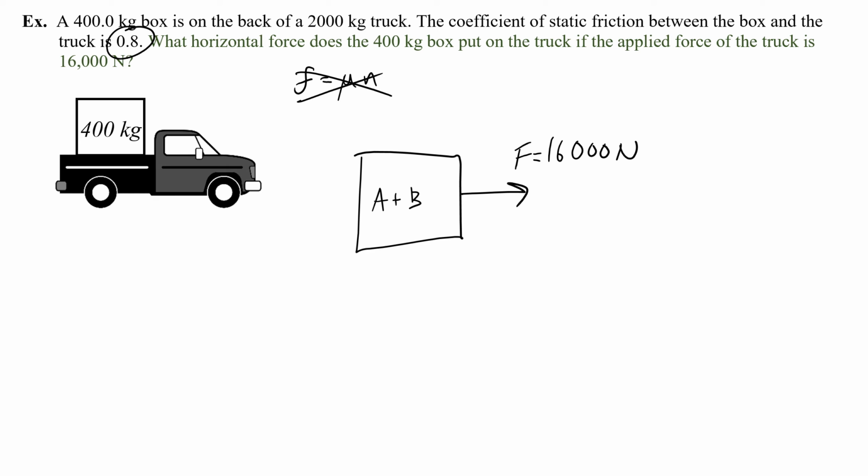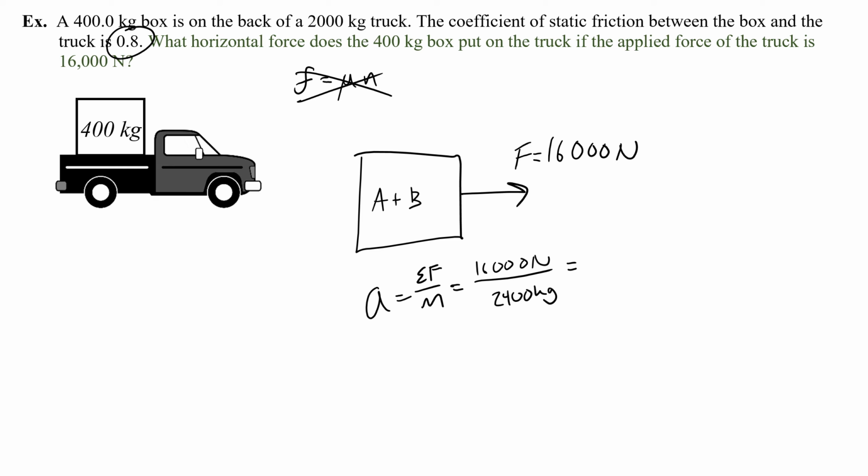The first thing we should do is think, what's the acceleration? The acceleration will be the net force over the total mass. The net force is 16,000 newtons, and the total mass would be MA plus MB, so 2,400 kilograms. So right off the bat, I'm going to figure out the acceleration with that 16,000 newtons.